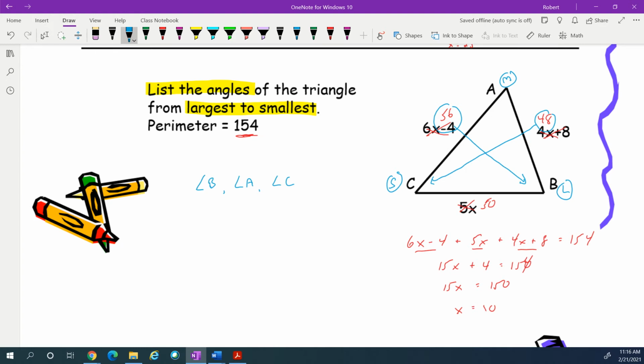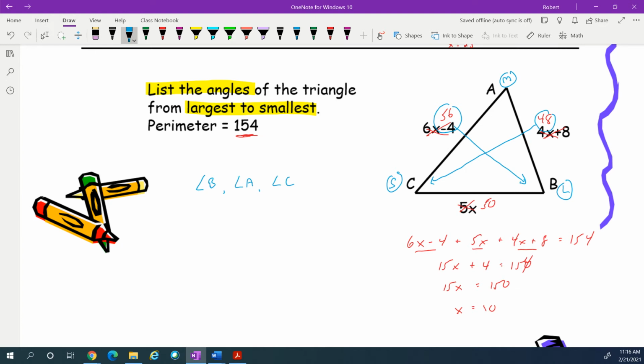So in a scalene triangle, the biggest angle is opposite the biggest side, the smallest angle is opposite the smallest side, and we can infer the measurements. We might not know the actual angle measurements or side measurements, but we can certainly infer which one is bigger, which one is smaller, and list them in a comparative order. We can write this as an inequality as well.